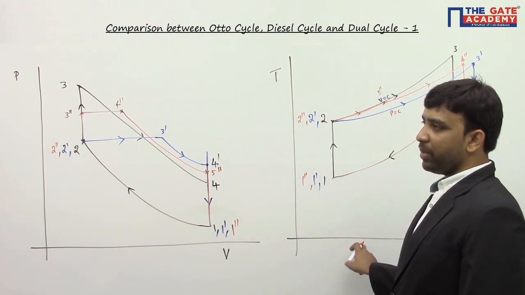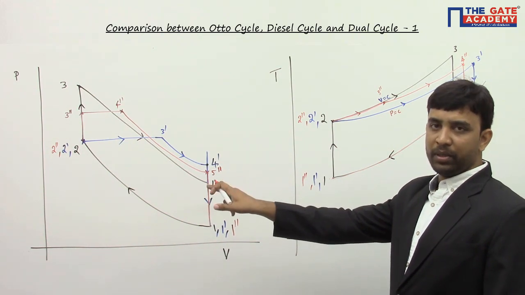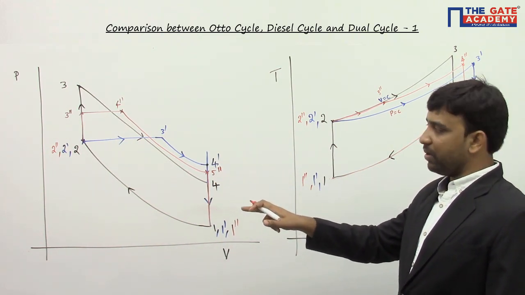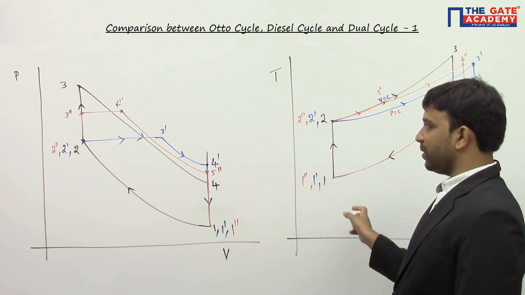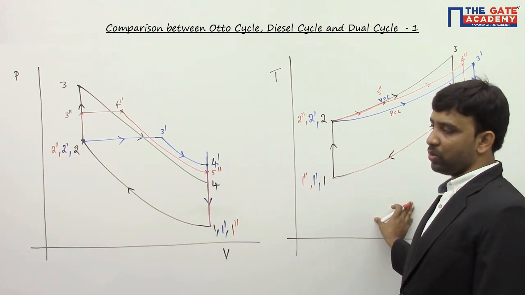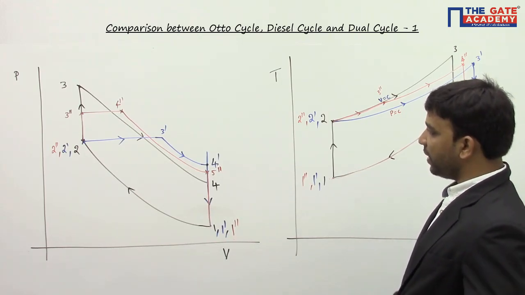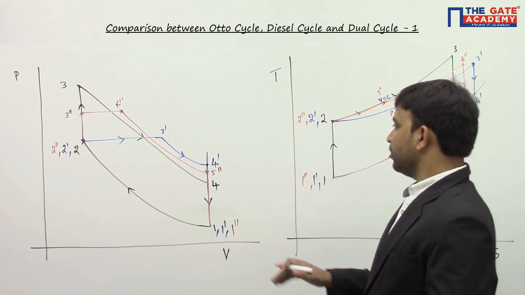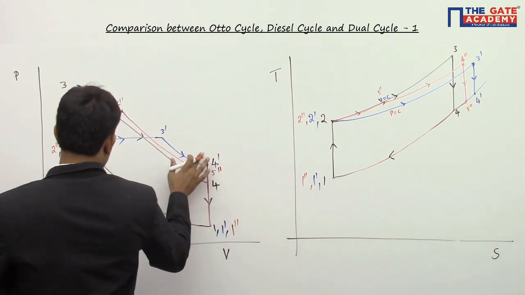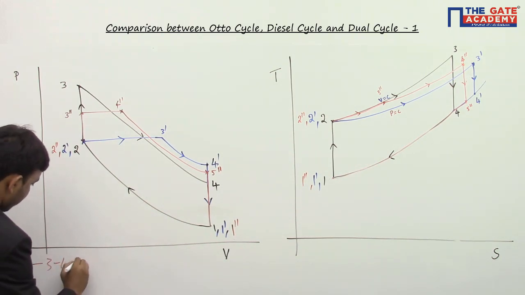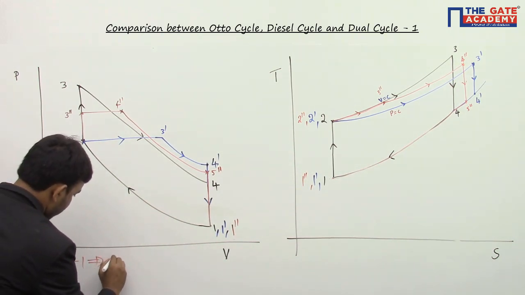Whenever you want to do a comparison for pressure and volume, we do it in PV coordinates. Whenever you want to do a comparison for heat and maximum or minimum temperature, we do that comparison in TS coordinates. And from there, we try to complete the cycle. Now I completed the cycles. If you look at this black color one, the cycle 1, 2, 3, 4, 1, this is the Otto cycle.